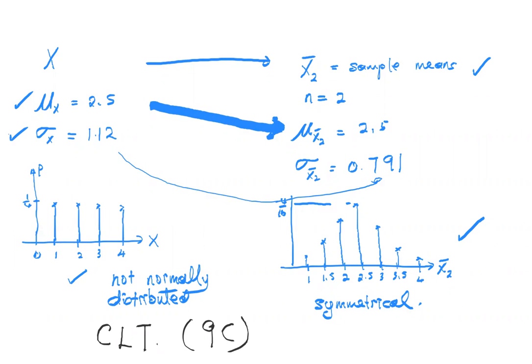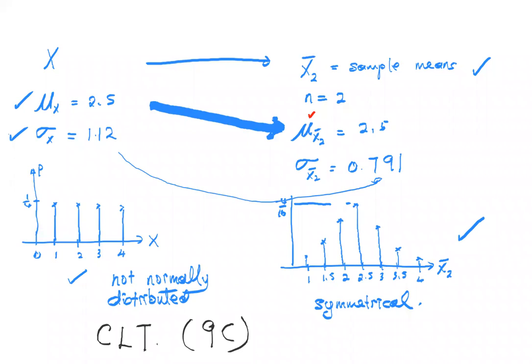This is how we write the mean, equal to the population mean, and the standard deviation is equal to the population standard deviation divided by the square root of n. Isn't it? You try 1.12 divided by root 2.